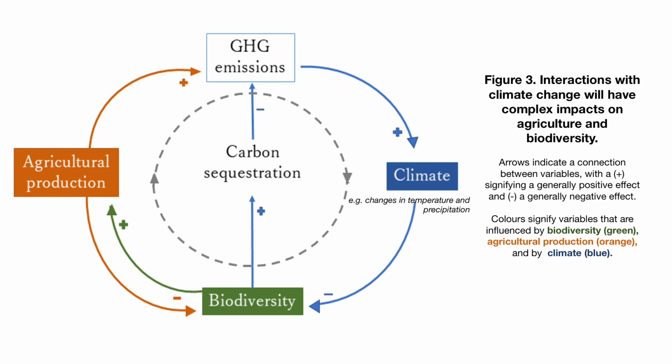In this diagram, we show that when you start to think about climate and climate change, the picture becomes more complex. Agricultural production contributes to greenhouse gas emissions that cause climate change. And changes to climate, including changes in temperature and precipitation, will have impacts on biodiversity.